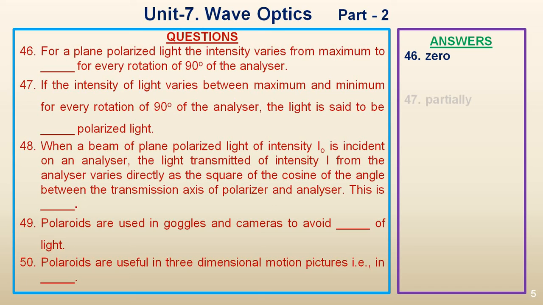This is called Malus's law. Question number 49. Polaroids are used in goggles and cameras to avoid a dash of light. The answer for this one is glare. Question number 50. Polaroids are useful in three-dimensional motion pictures, that is, in holography.